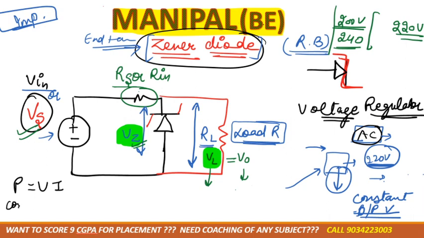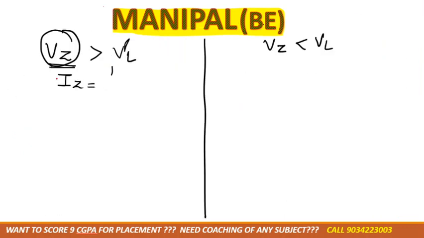If power is constant and voltage increases, then current decreases, and vice versa. So in this case, Vz is greater than VL, meaning Vz is high. So if Vz is high, then Iz is low.